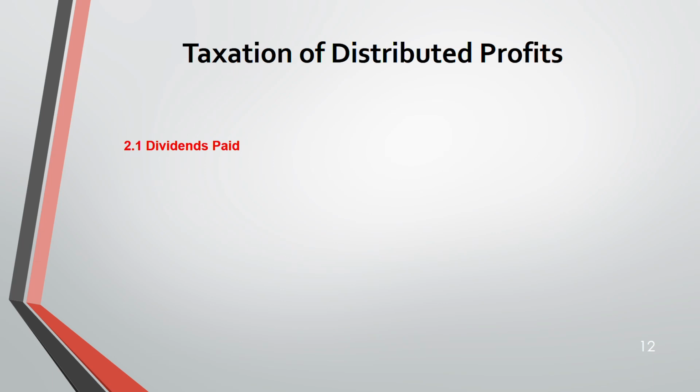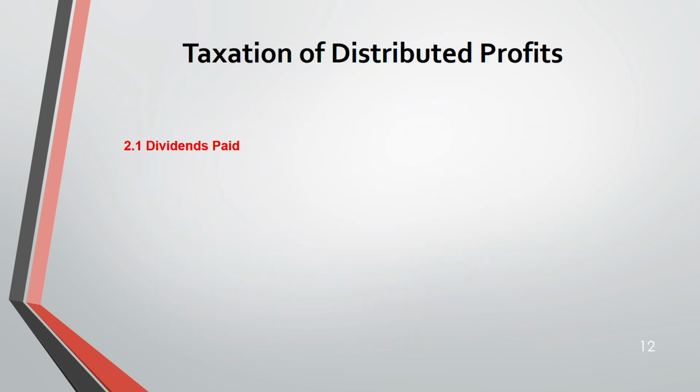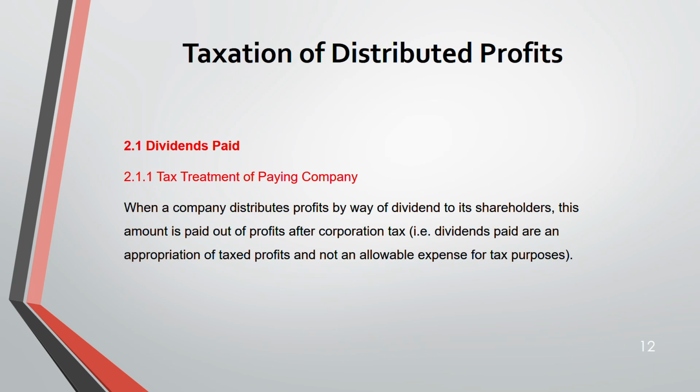Next, the second part of this lecture. The first part was just an introduction. Now, taxing the distributed profits, dividends paid. If a company is paying a dividend, what is the tax treatment? When a company distributes profit by way of dividend to shareholders, this amount is paid out of profits after corporation tax.